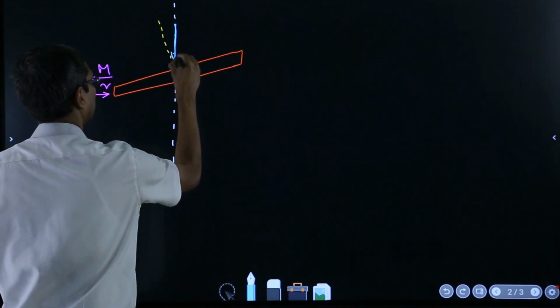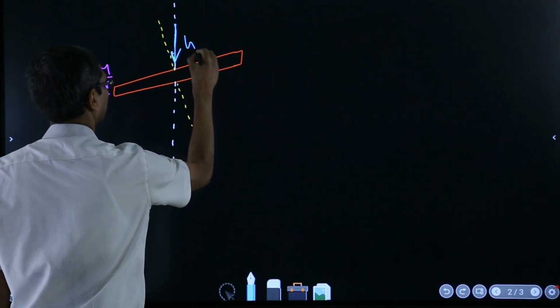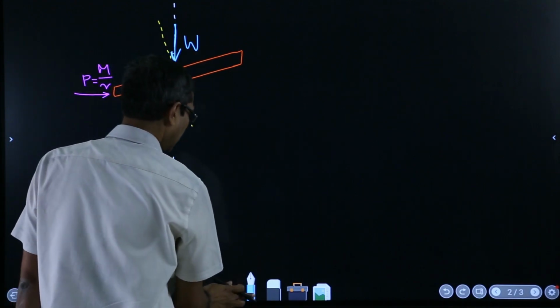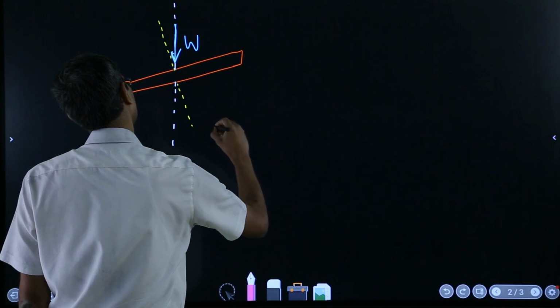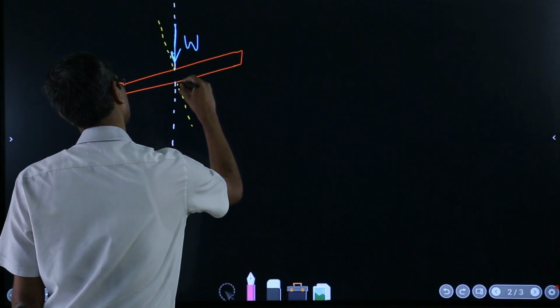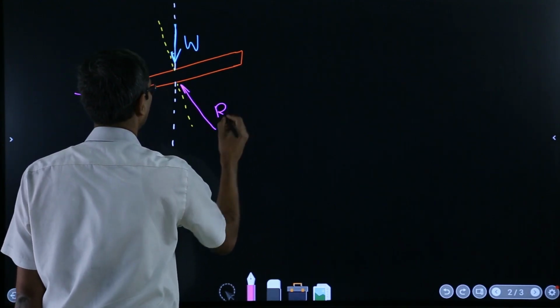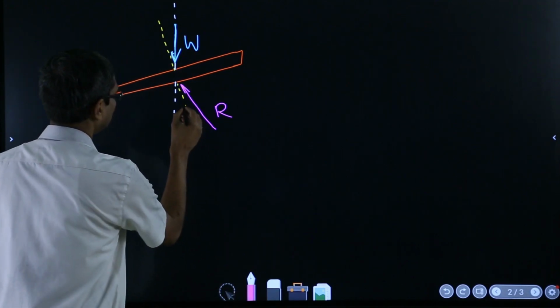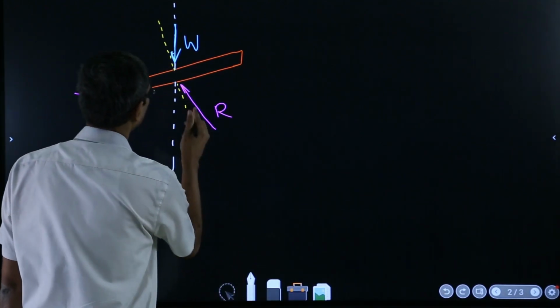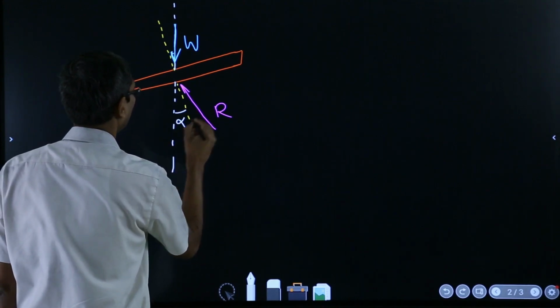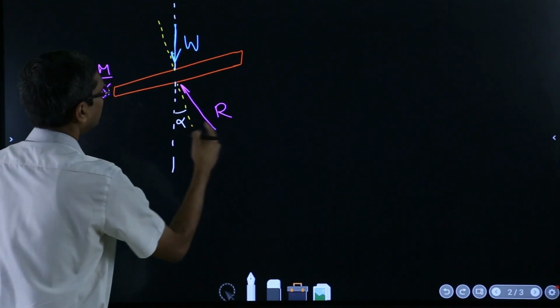So this is the weight, and the reaction force is coming somewhere from this direction, right. So this is R, and this is alpha, because this angle is alpha.